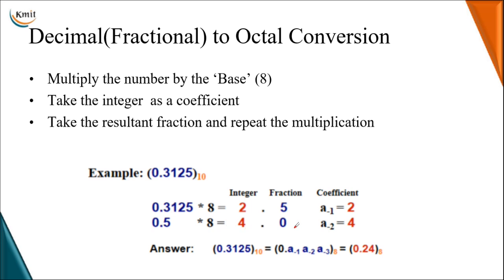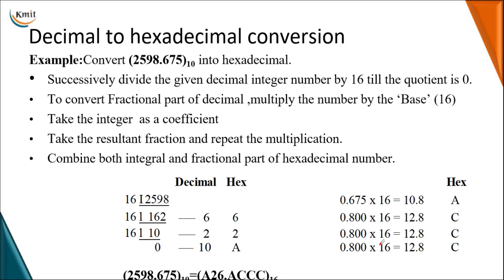So 4.0 is the product. Since we got the fractional part as 0, the conversion stops here, and a minus 2 is 4. So now 0.3125 to the base of 10 is equivalent to 0.24. So a minus 1 occupies the most significant digit and a minus 2 is the least significant, writing all the integer parts from top to bottom.